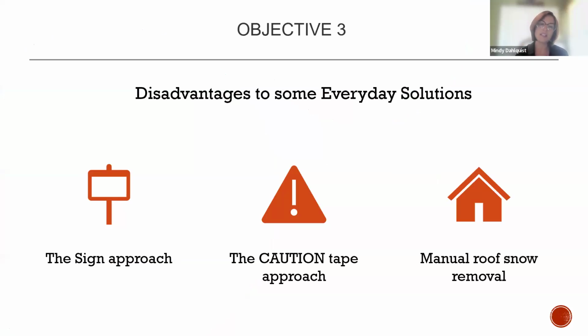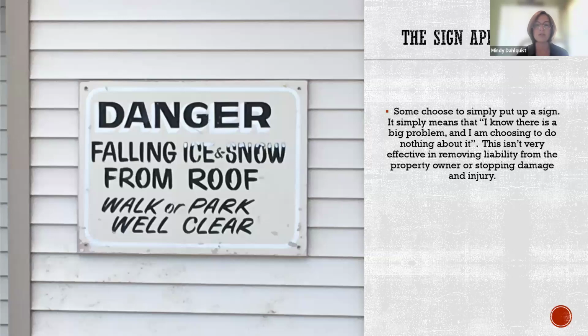So there's some everyday solutions: the sign approach, the caution tape approach, and manual rooftop snow removal. So let's take a look at those. There's a sign approach. I see these all over the place, Colorado, Utah, California, a lot of places that are very heavy snow areas. And some do choose to simply put that sign up every year or leave it up.